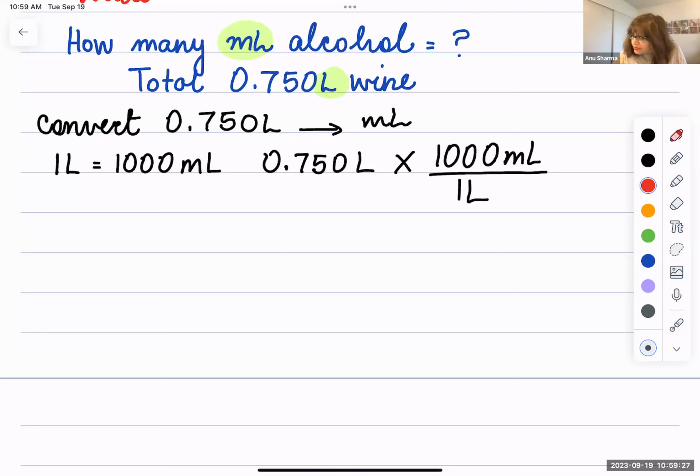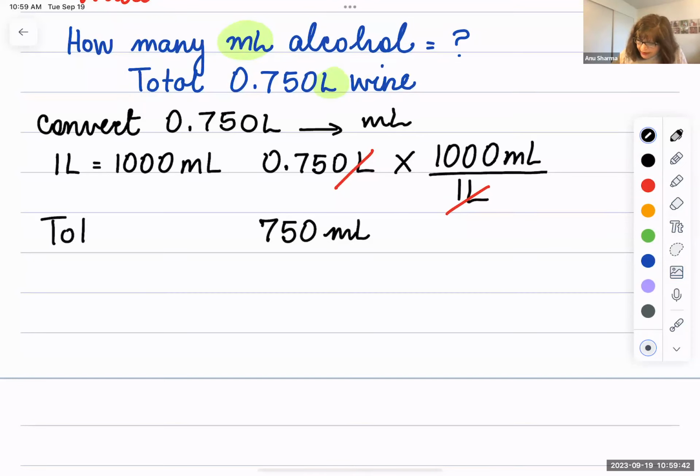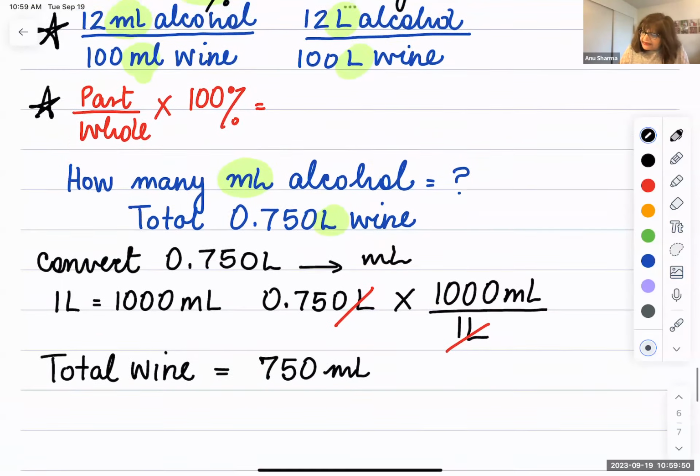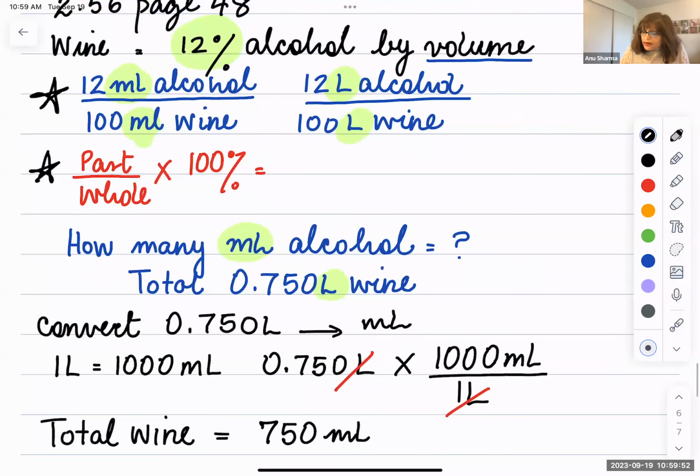This cancels out the liters. And what do you get here? You get 750 milliliters. Okay, so this is the total wine. So total wine is 750 milliliters.